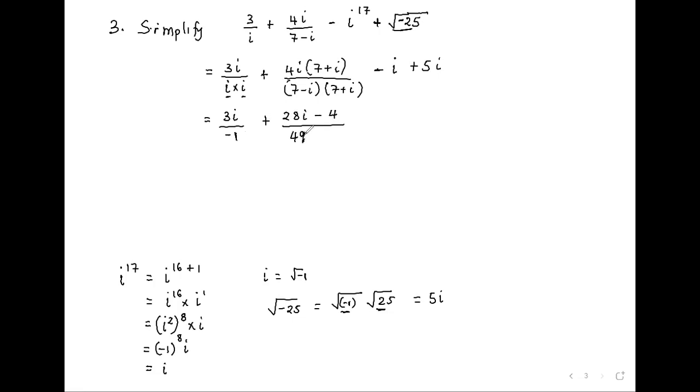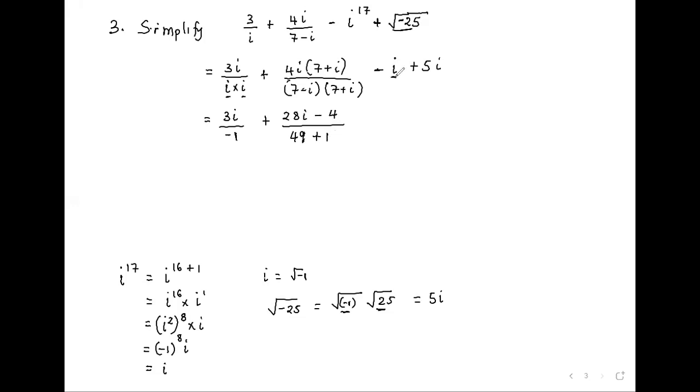Then 7 times i is 7i minus 7i, that's 0. Then i times i is negative 1, times the negative that is present on the i, so we get a positive 1.